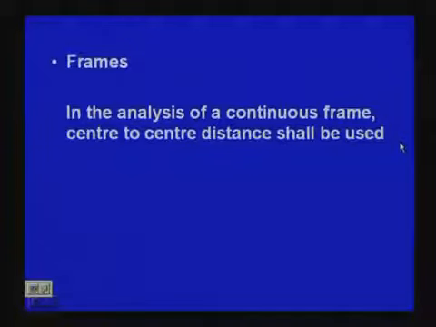We shall not experiment with effective depth or anything. So when we do the analysis for multi-story frames for seismic analysis, dead load, live load, different load cases we have to take, and accordingly we have to solve it. In that case we shall take the effective span as simply the center to center distance.